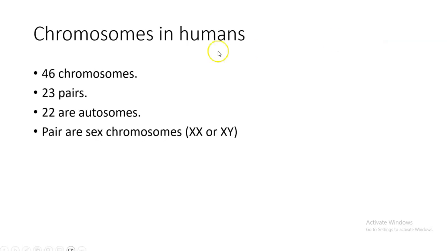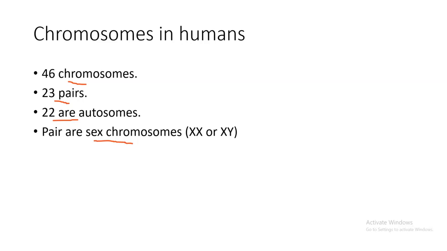In human beings, remember, we've got 46 chromosomes, and they must be in pairs. In those pairs, one pair of chromosomes will be what we call sex chromosomes. We've got two types of sex chromosome.